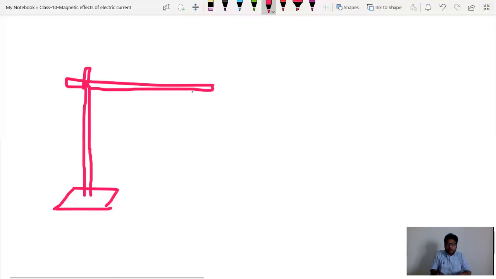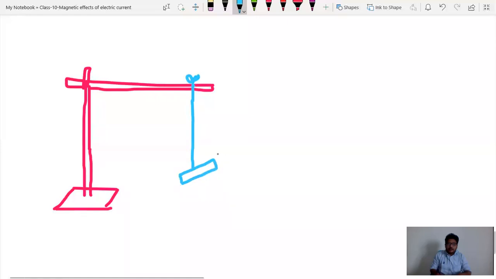Now take one thread and by using a thread tie one small conductor. So take one metallic rod first.